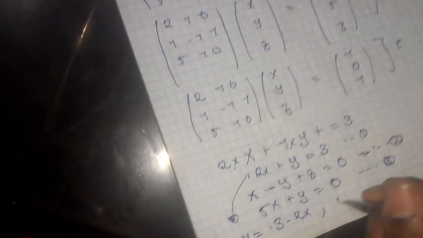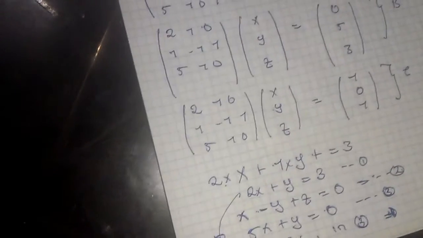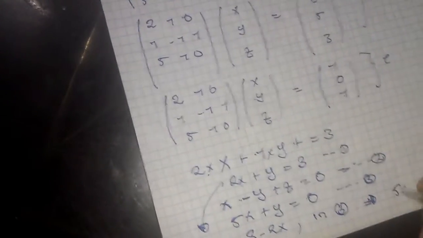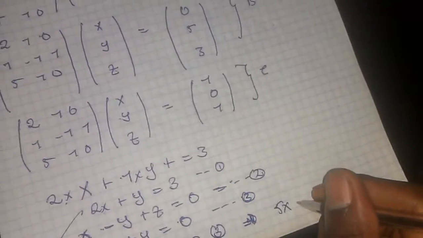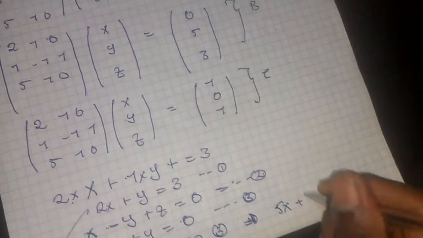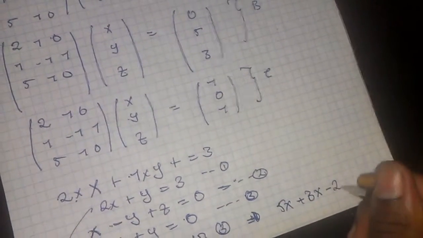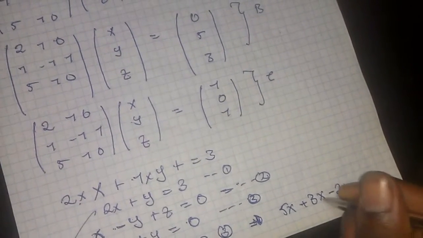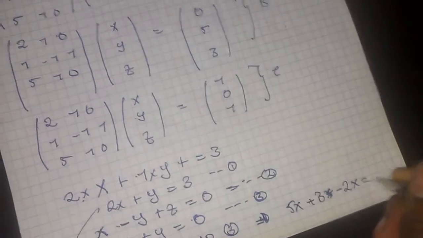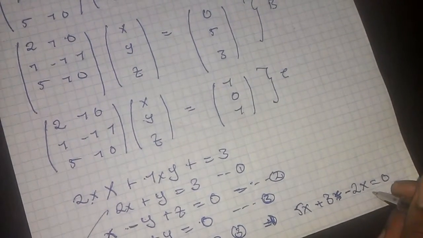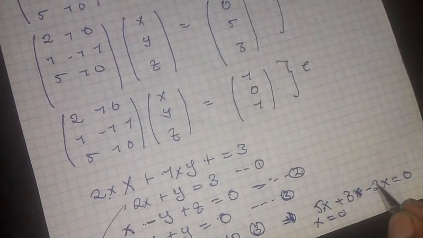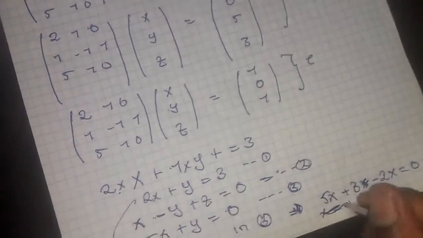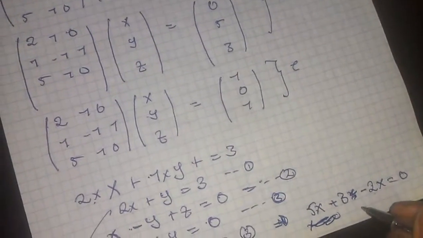I'll substitute it in equation 3, which implies 5x plus 3 minus 2x equals 0.